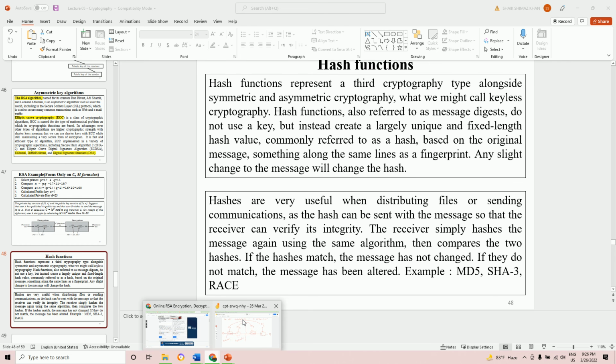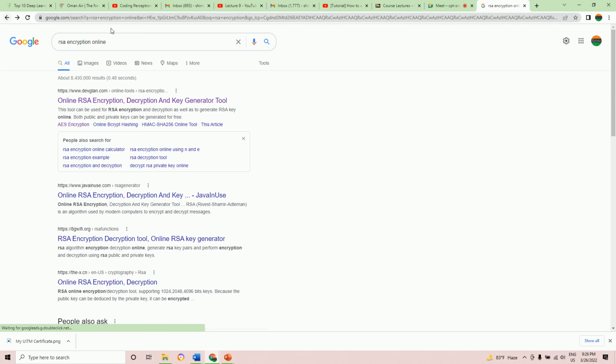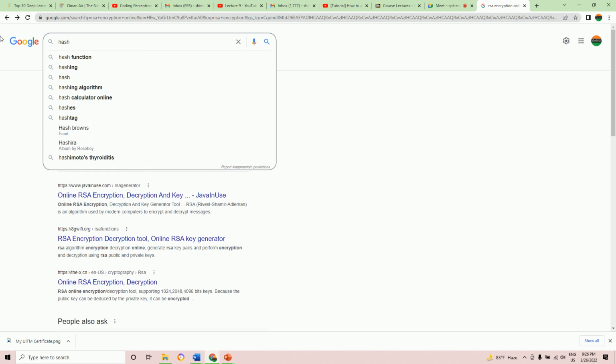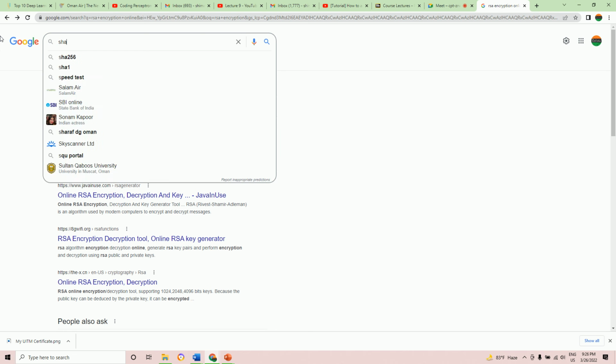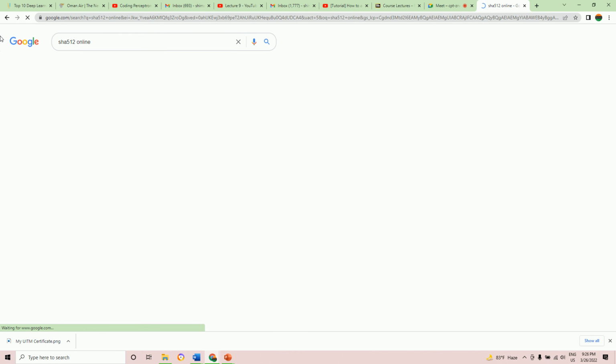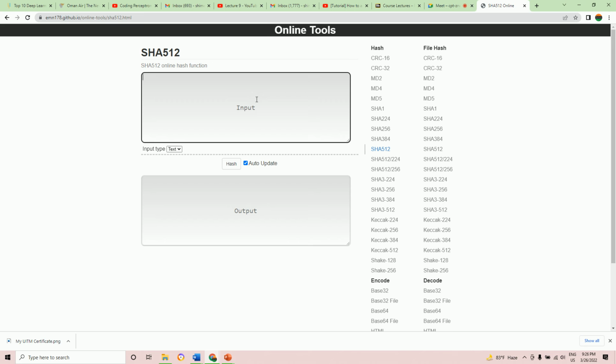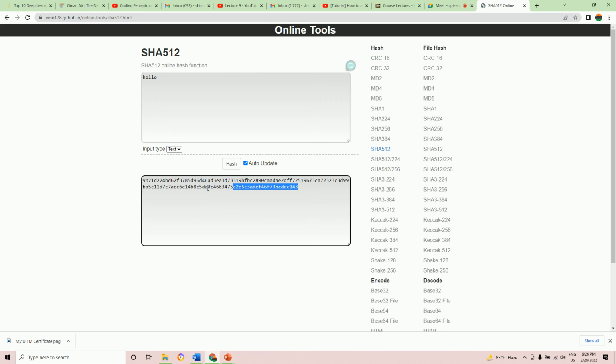Next one is called hash function. So next, what is hash? Now I type hello, then this is the hash value.